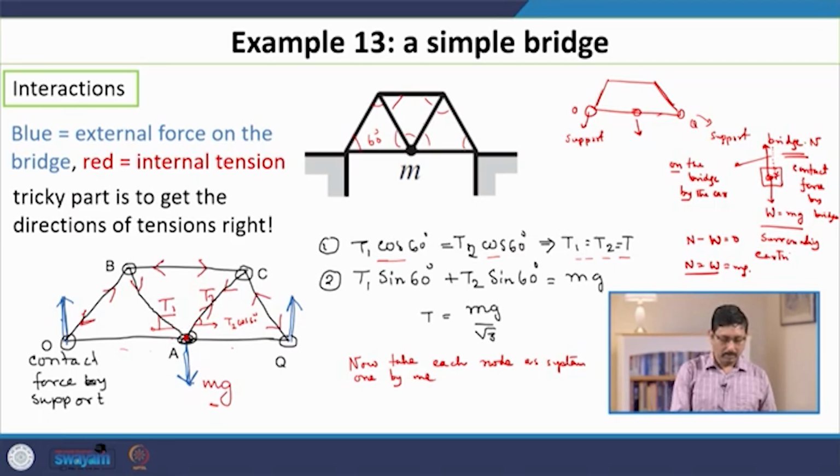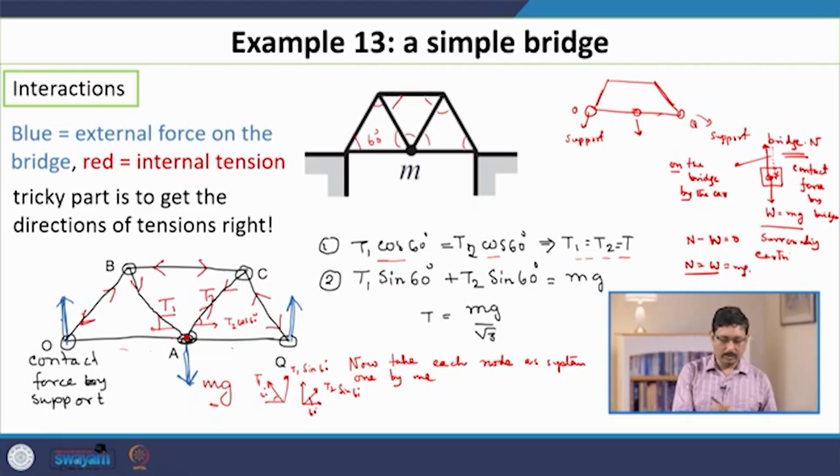Now, if we do a force balance in the vertical direction, the vertical component of the force T1 is T1 sin 60 degrees, and similarly for T2 it is T2 sin 60 degrees, and there is a force mg downwards.